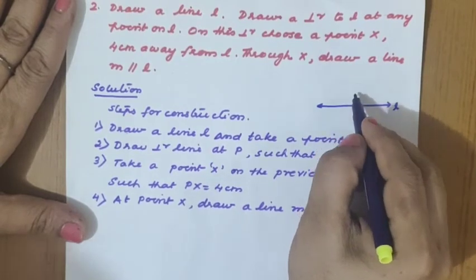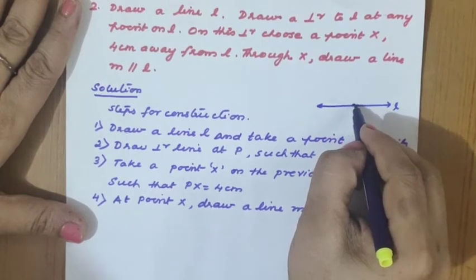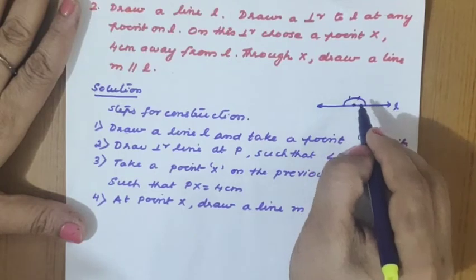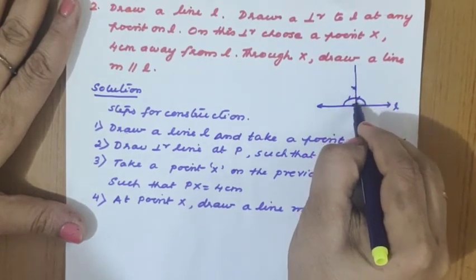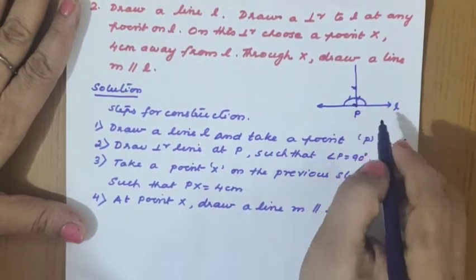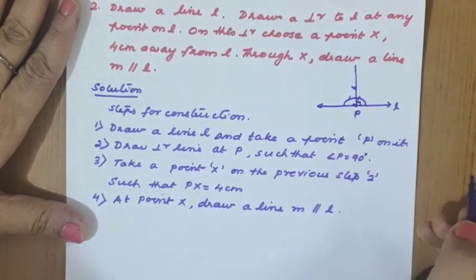The 90 degree construction you have already studied last year. So what is the construction? Any convenient radius, from here 2 arcs, again 2 more arcs. So join this one. At a point P we have taken, so perpendicular we have drawn because this angle is 90 degree only.